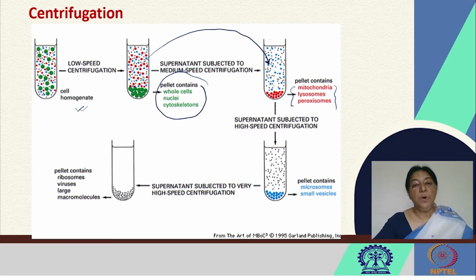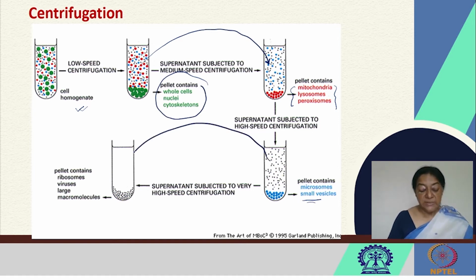So depending upon our system of interest, we can go to selective centrifugation and collect the material of interest. If we go to another high-speed centrifugation, we get the pellet where we have microsomes and small vesicles.